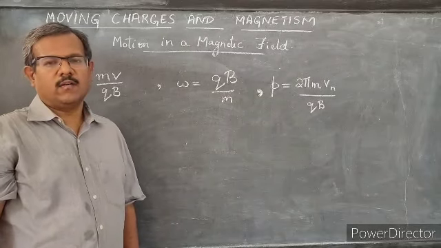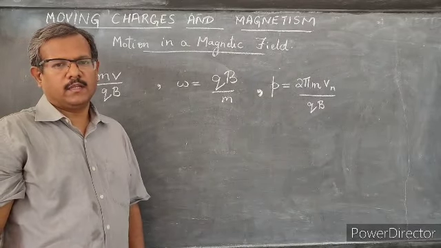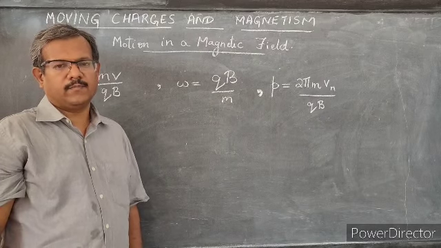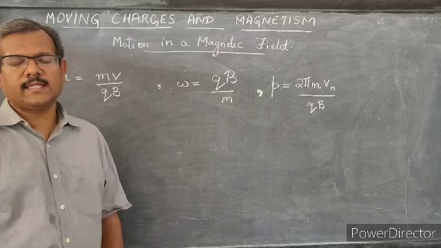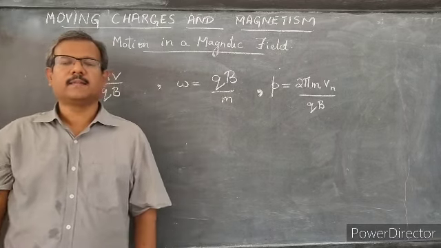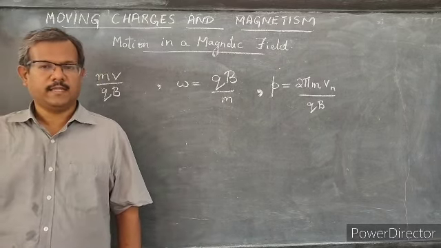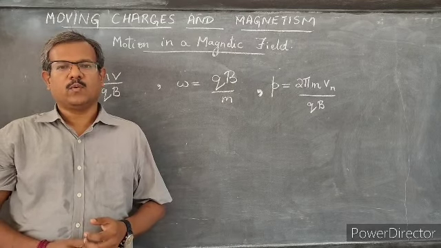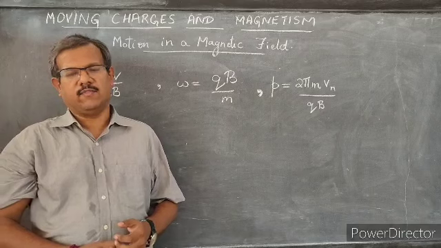So in the previous video lecture, we discussed and arrived at a few equations that connected several parameters that are of significance when a charged particle moves through a magnetic field.